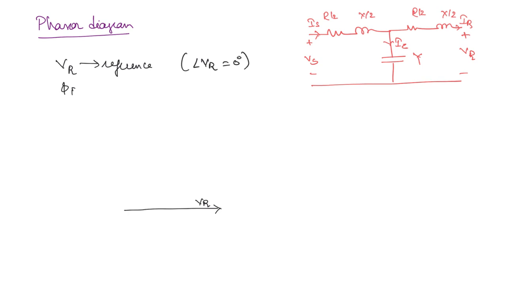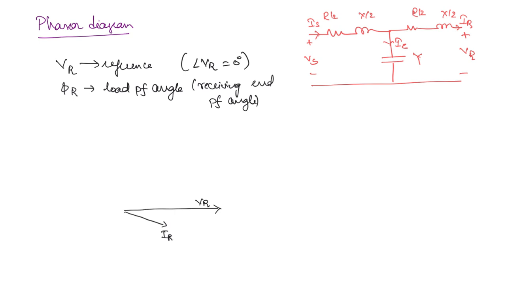So for a particular power factor angle only we can construct the phasor diagram. So this is the load power factor angle, which is nothing but the receiving end power factor angle. Okay. So this is going to be IR, which is lagging by angle phi R.